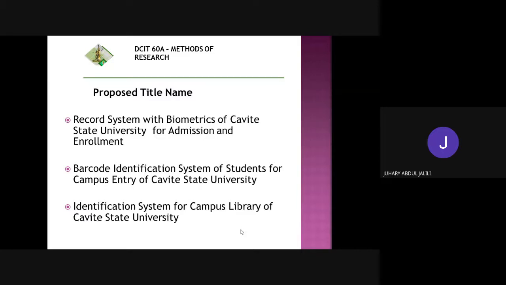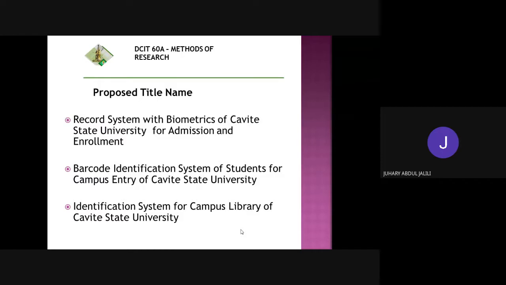So with that, this kind of system would be great, so that you can lessen the hassle of enrollment. This kind of system is used by first world countries when it comes to registration of their students, and it lessens the hassle of long lines and, of course, the traditional way of writing down information every time.